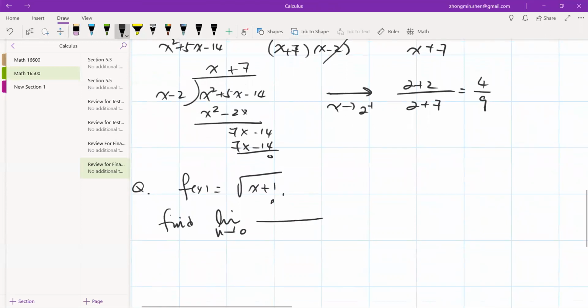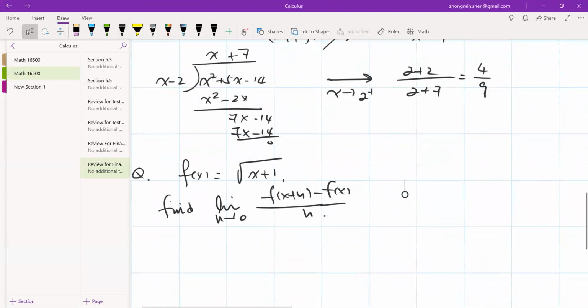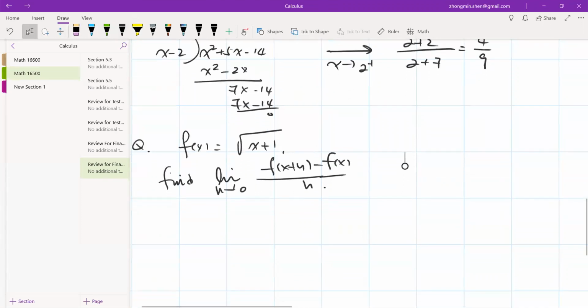Okay, so it's the same, f of x plus h minus f of x. Sometimes we will ask, say, use the definition to find the derivative. Okay, it's the same, right? So you have to find this limit. You cannot just give me the formula. Okay. All right, so now let's find the limit, right?